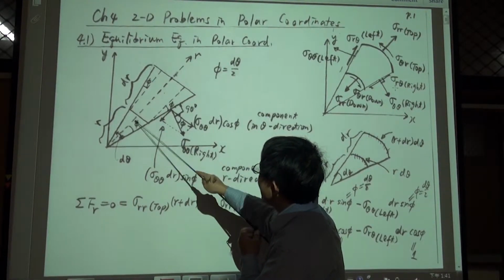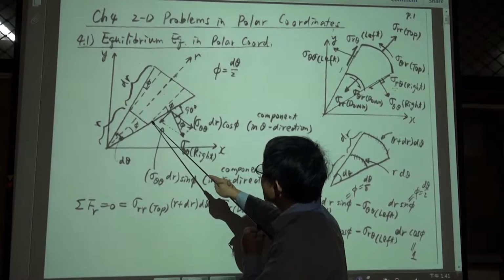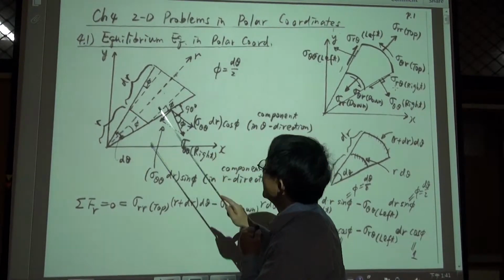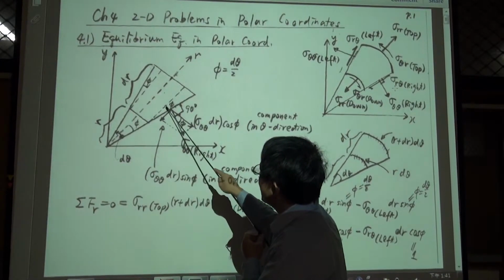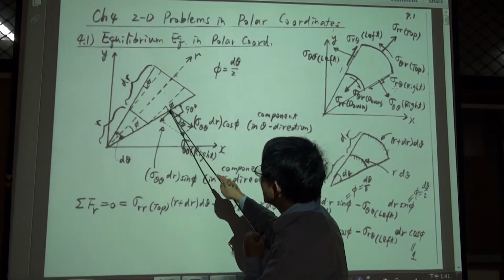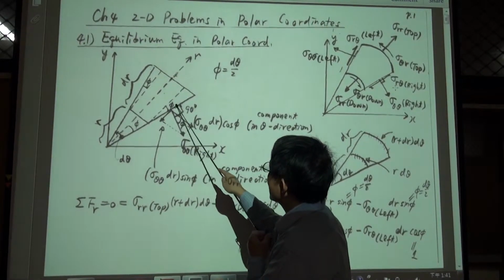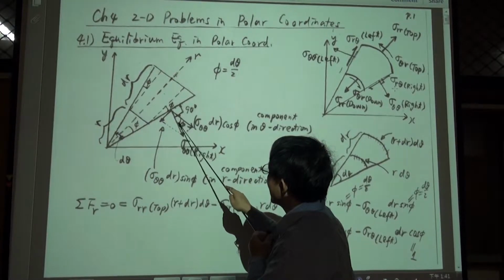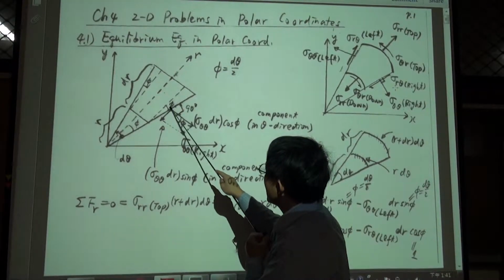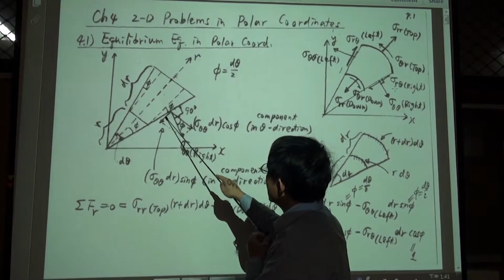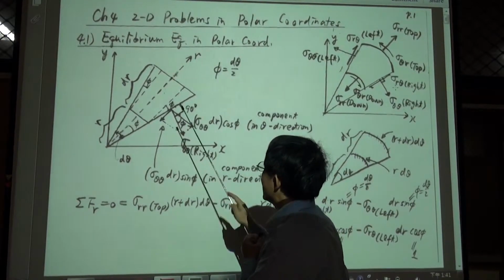This line and these lines are parallel to each other. We draw a parallel line here. So this angle phi can move to here. Okay, since this is angle phi, it is easy to figure out that this angle equals this angle, and this angle equals this angle.